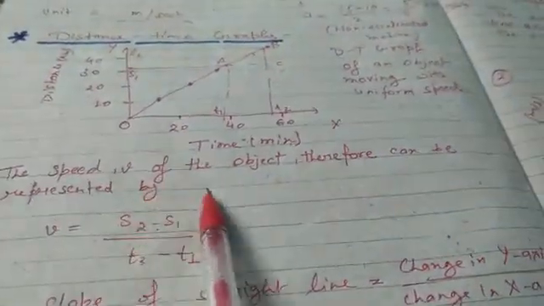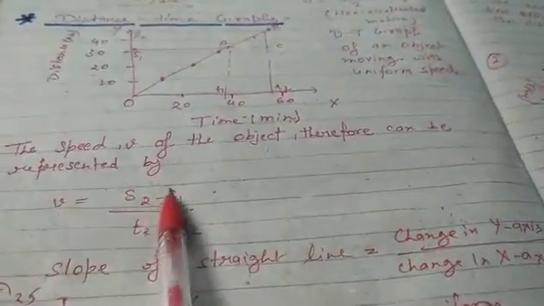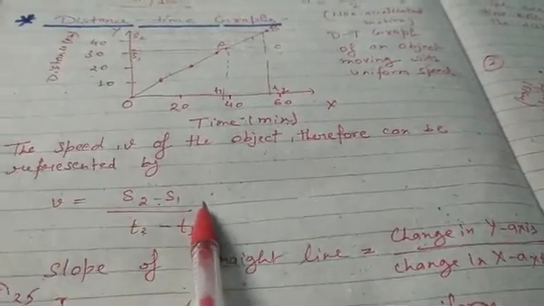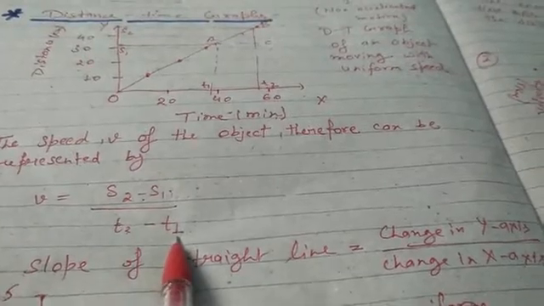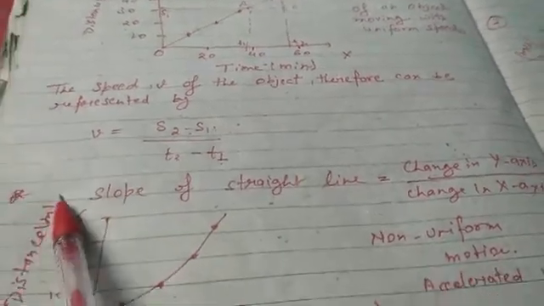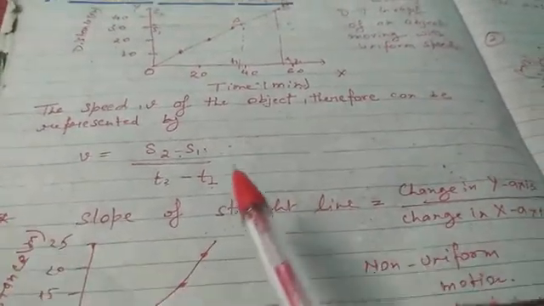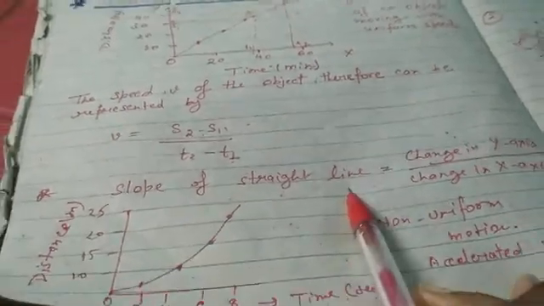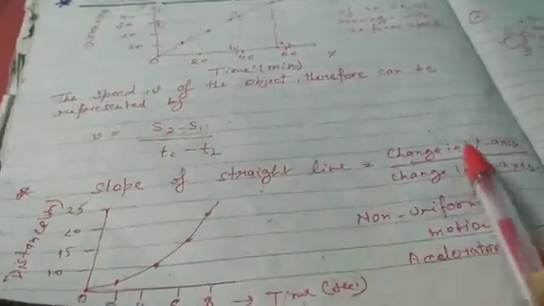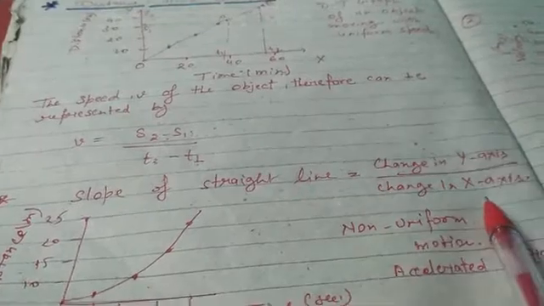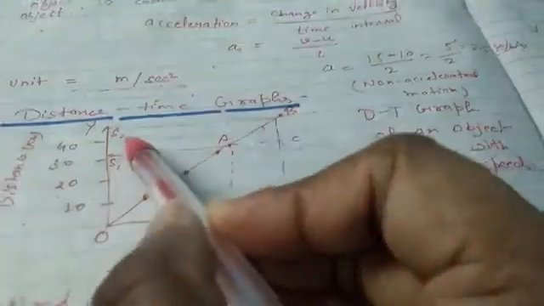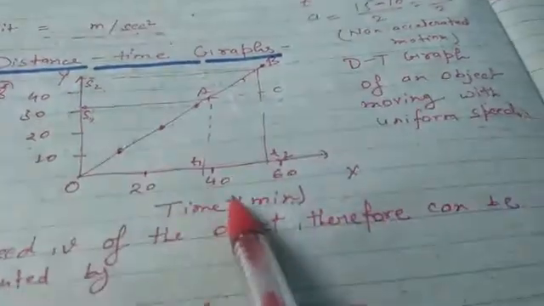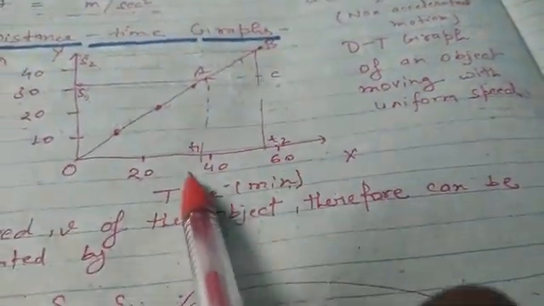So the speed v of an object can be represented by v equals s2 minus s1, that is change in displacement, upon t2 minus t1. Now this is a star point. How can we find the slope of a straight line? Slope of a straight line equals change in y-axis upon change in x-axis. Now you can relate this formula. Change in y-axis is s2 minus s1 and change in x-axis is t2 minus t1.